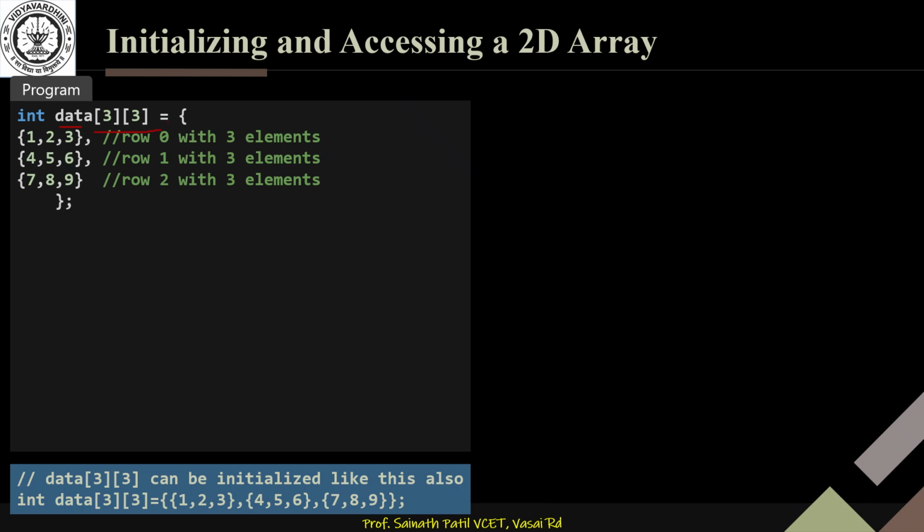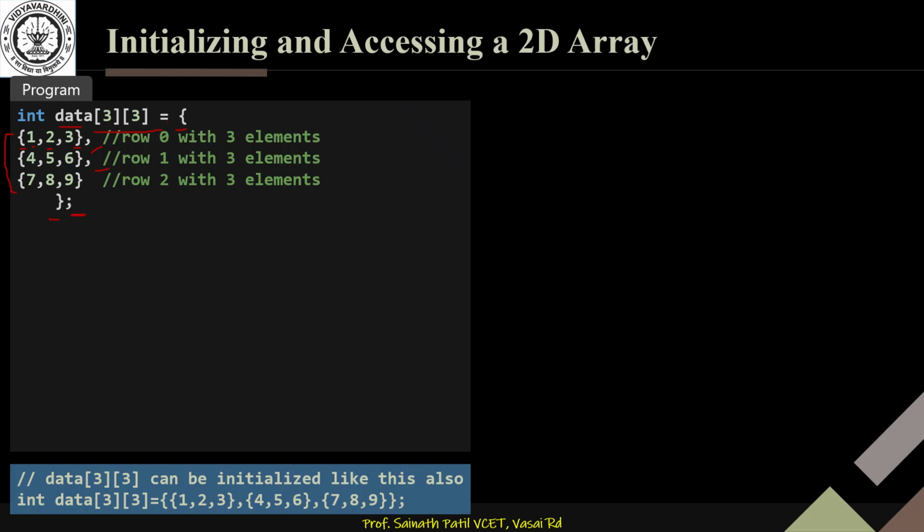Now I have 3 rows and 3 columns, so an opening curly bracket and a closing curly bracket, and the last is a semicolon. In between, I represent 3 rows. Each row is enclosed in open and closed curly brackets, which has its individual 3 elements separated by commas, and each row must be separated by a comma. The 3 rows are given on 3 separate lines.